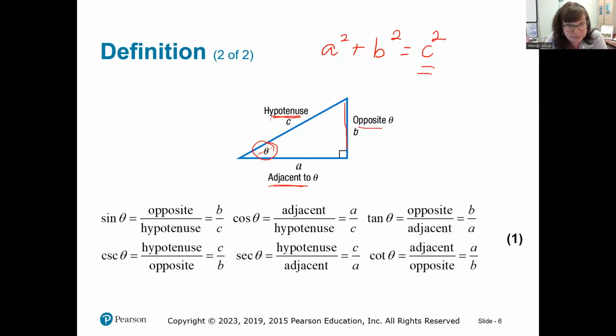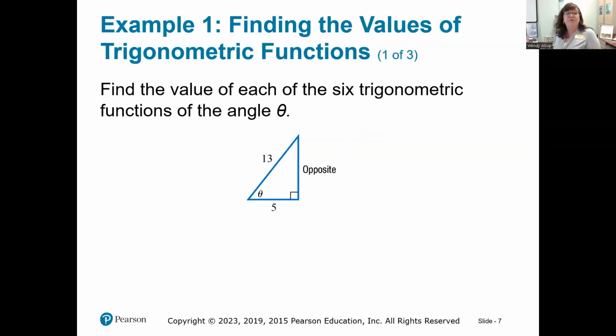Its reciprocal is secant. Secant is therefore hypotenuse over adjacent. Tangent is opposite over adjacent. Its reciprocal is cotangent, which is adjacent over opposite. Now, in theory, you have done that at some point previously in your math history. So now we can find all of the trig functions here.